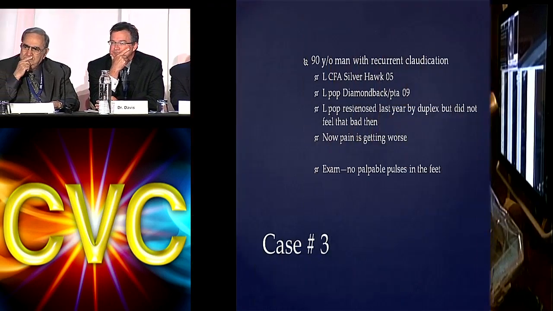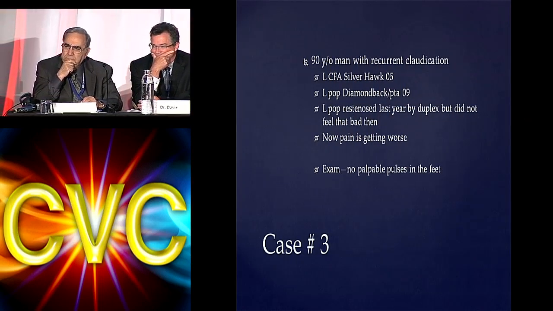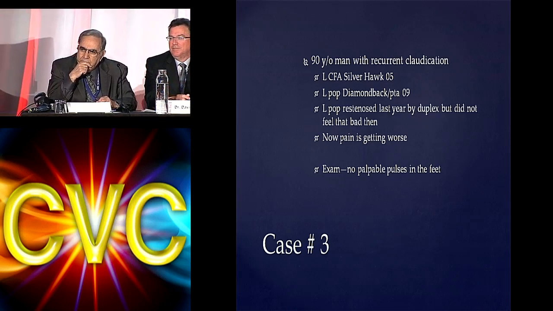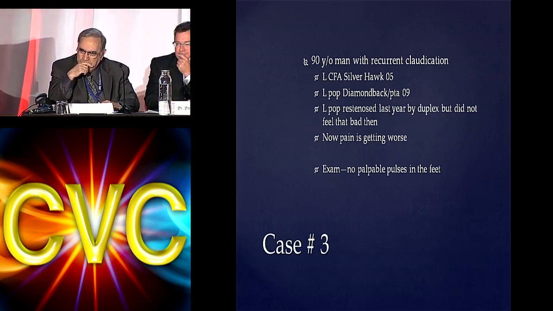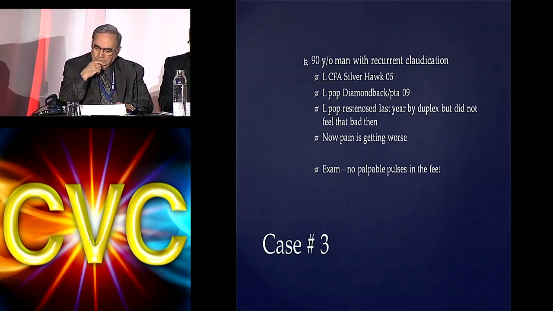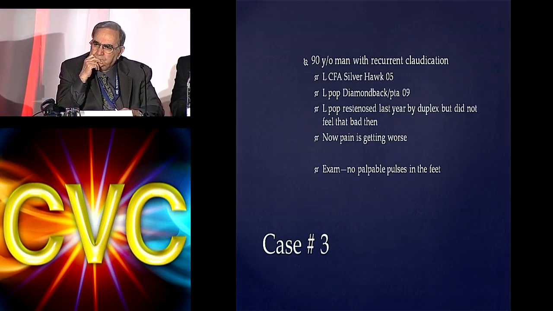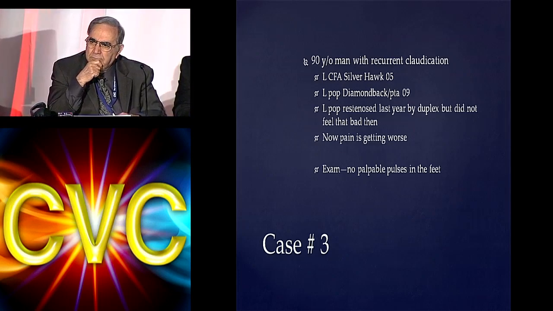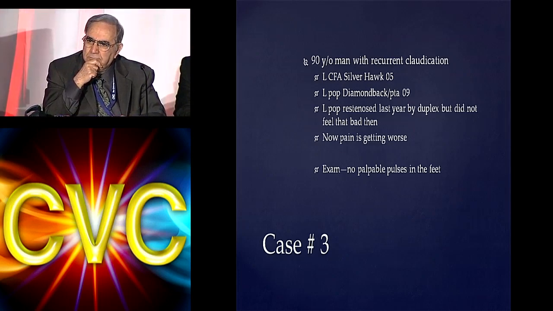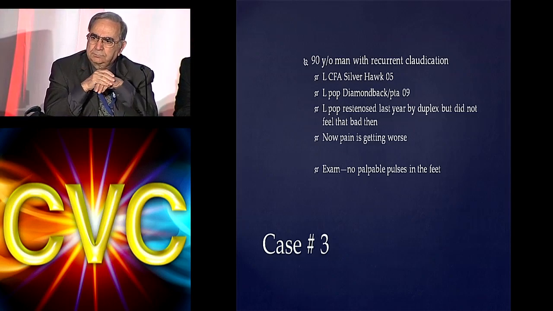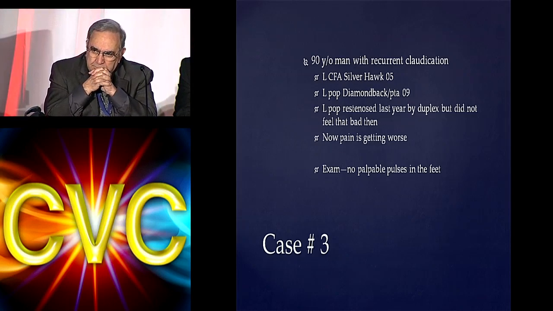He's in great shape, very active. In 2005, we opened up a left common femoral lesion. It was quite calcified. We did Silverhawk back then, and that's been fine. In 2009, he developed a very calcified popliteal lesion that we used Diamondback on, and he's been doing fairly well.